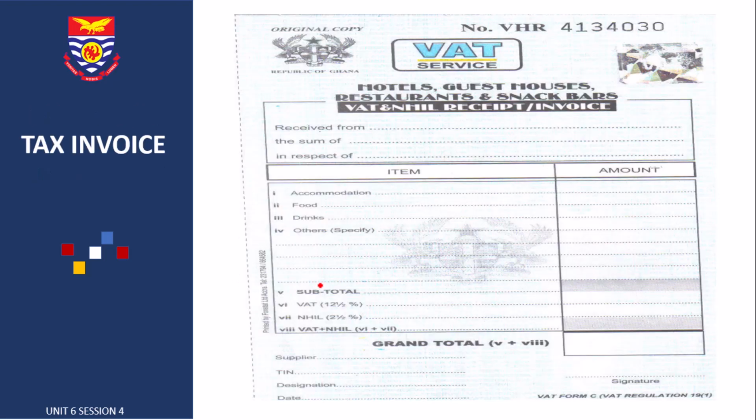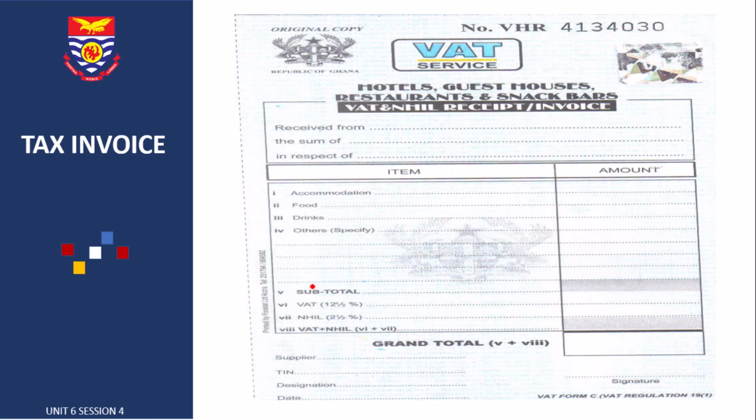Let us look at the tax invoice. VAT registered businesses need to charge the tax on all sales that are taxable under VAT law. The VAT registered person is required by VAT to issue a tax invoice in duplicate for every taxable supply made. The original is given to the buyer and the duplicate retained in the booklet.